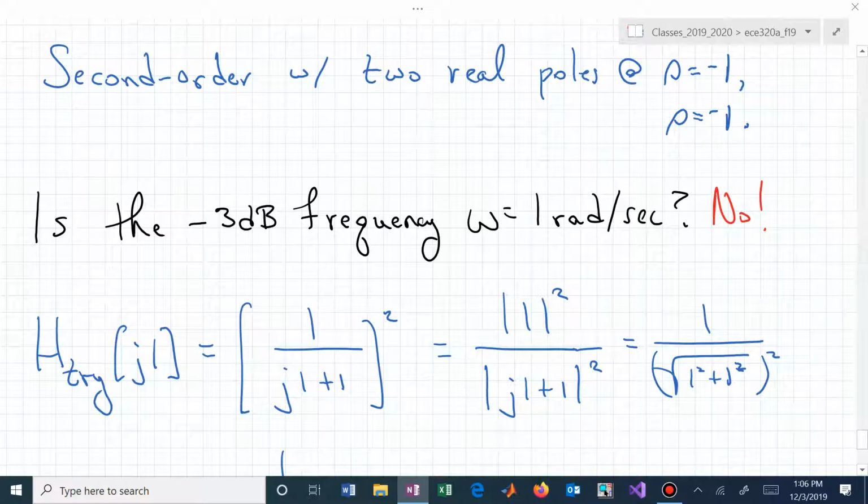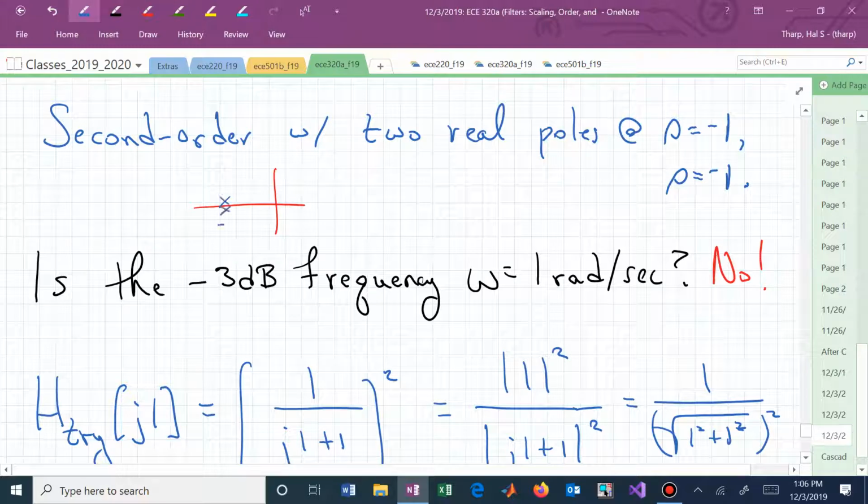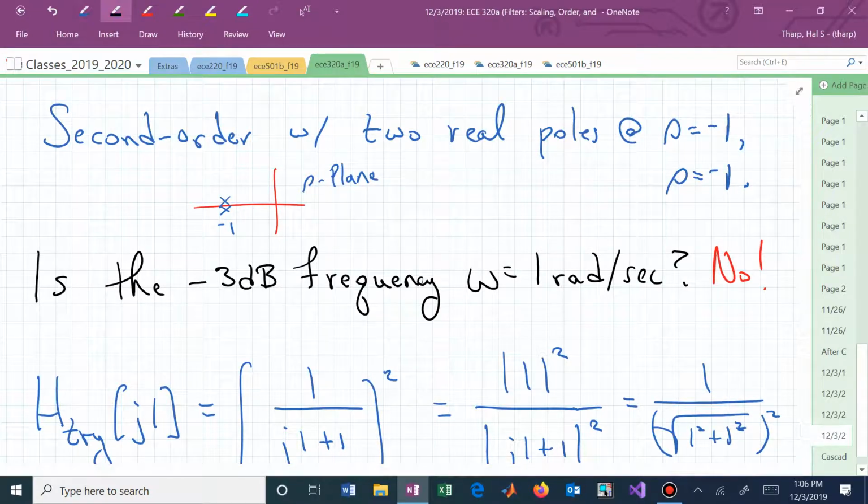We now have two poles right there at minus 1 in our complex S-plane. And when we get up to j1, we not only have one path up to that frequency, we also have a second length from that second pole. So they both are giving us additional gain. That's why we have that 40 dB per decade roll-off in the stop band.